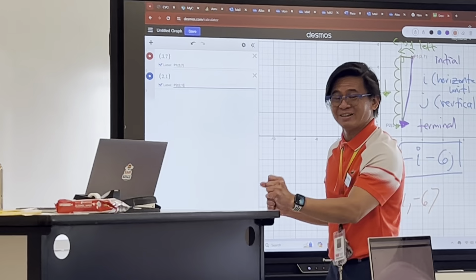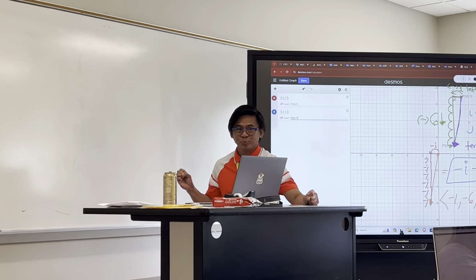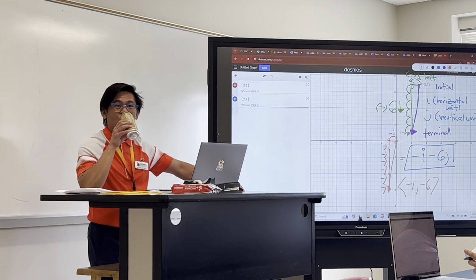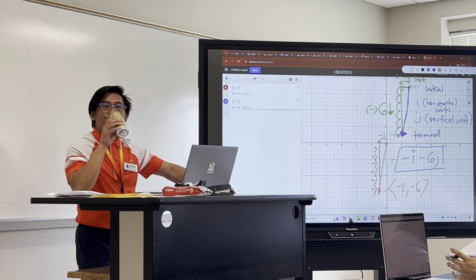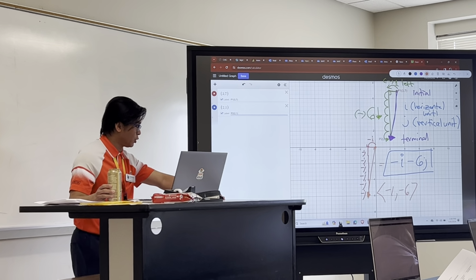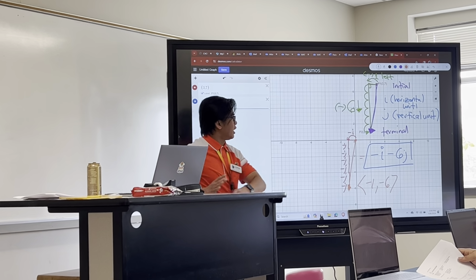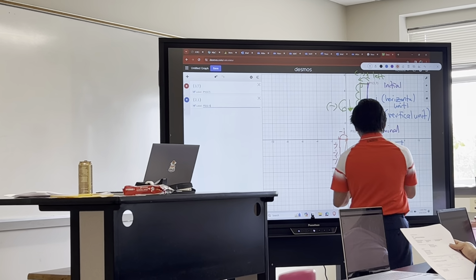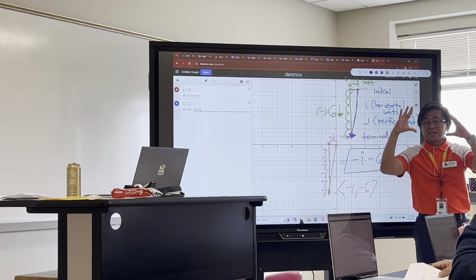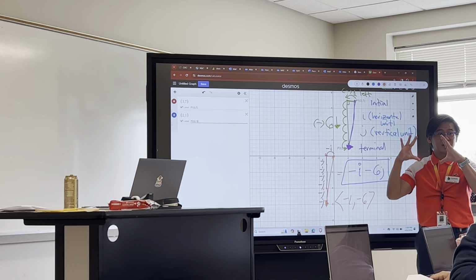Yes? I have a question. For the alternate form of the vector, the one that has I and J, do you need to put parentheses or specific things around it? Very good question. Here, we only use these parentheses, which we call the vector parentheses. It looks like arrowheads, right?